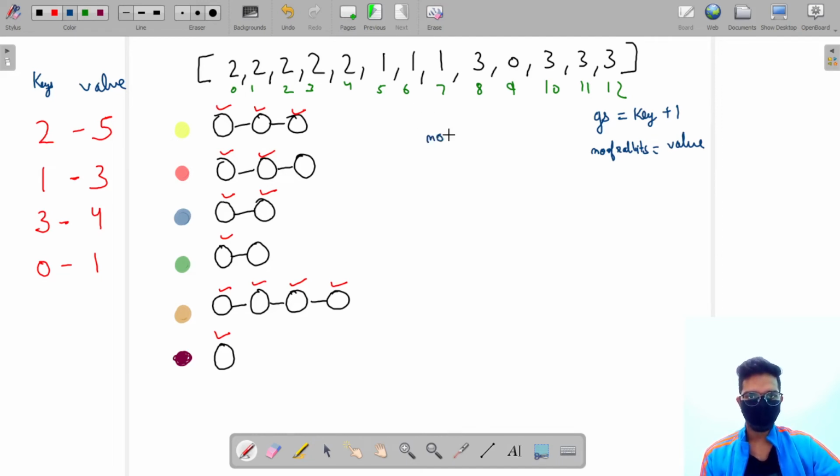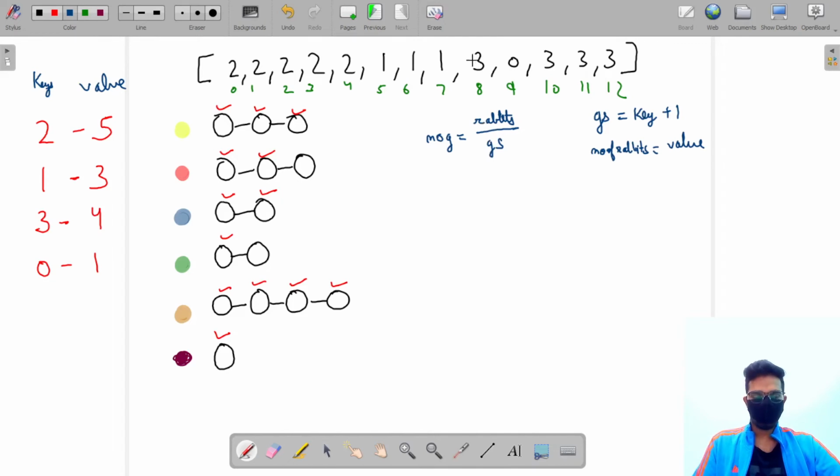So the number of groups will be equal to the number of rabbits upon the group size.